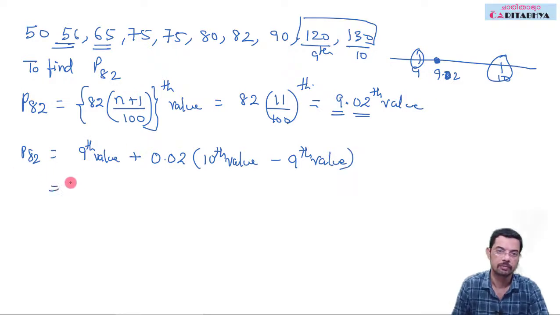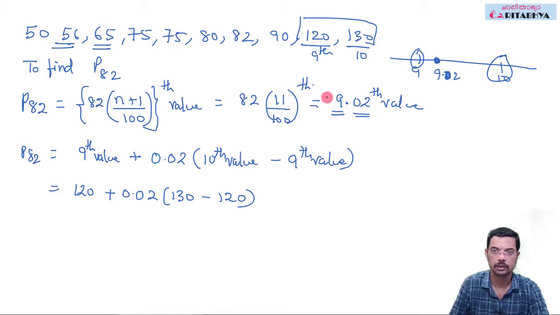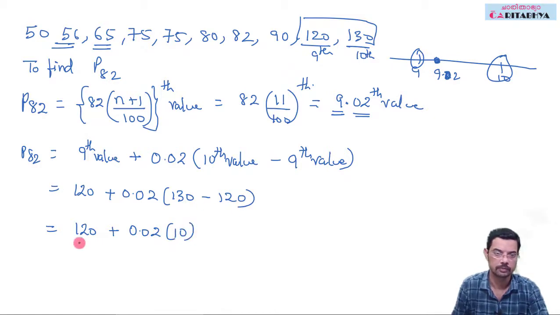Okay, so the 9th value is 120 plus 0.02 into, what is the 10th value? 130 minus the 9th value, 120. Okay, we can see here. So finally this is 120 plus 0.02 into 10, that is 130 minus 120.